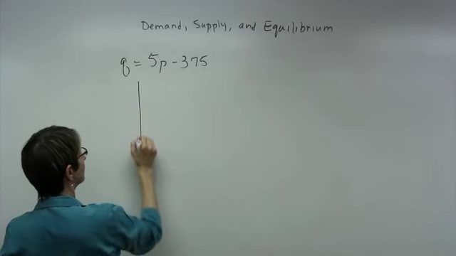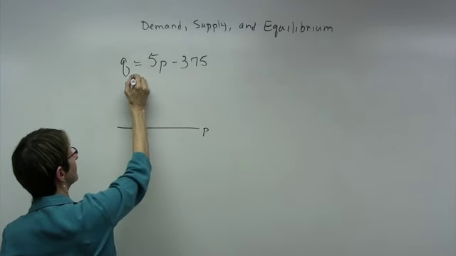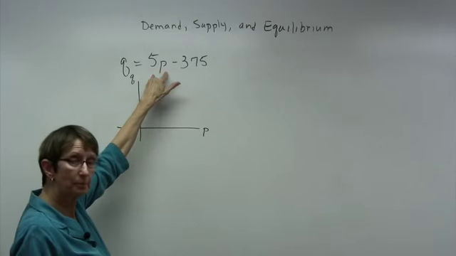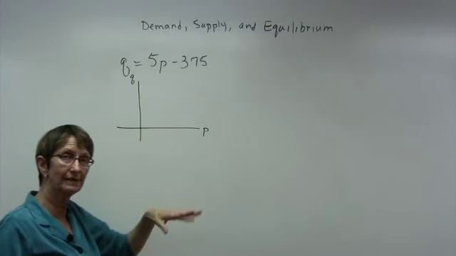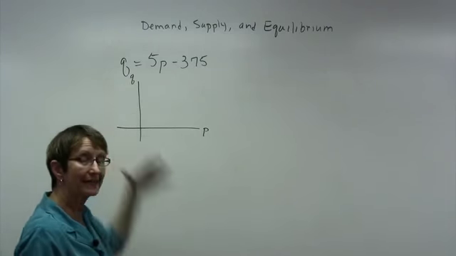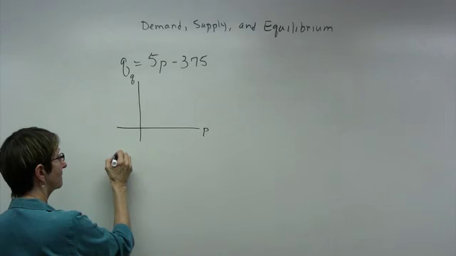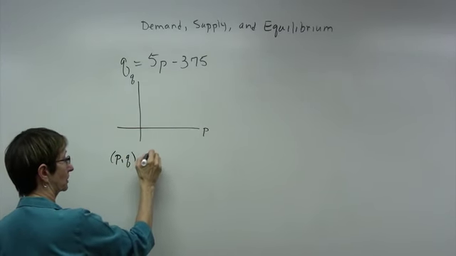So if we graph it, P on the horizontal axis, Q on the vertical. In this case, you can't really put in P equal to 0. If P is 0, quantity is negative 375. Quantity can't be negative.